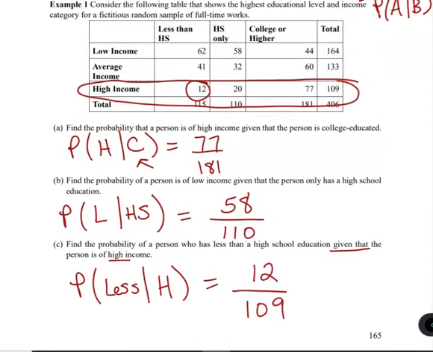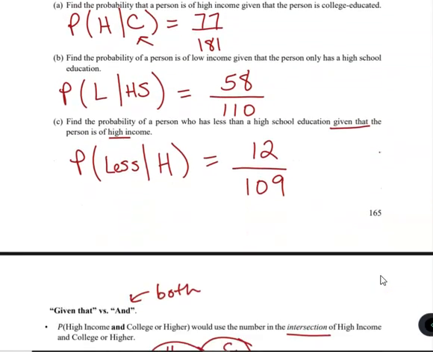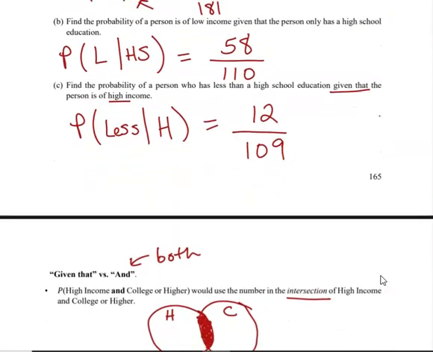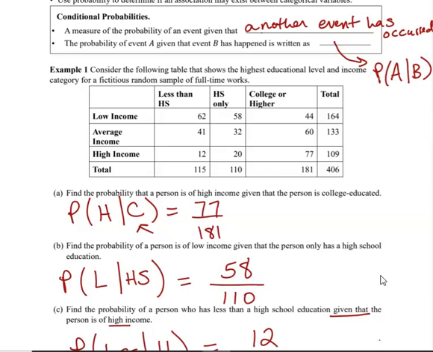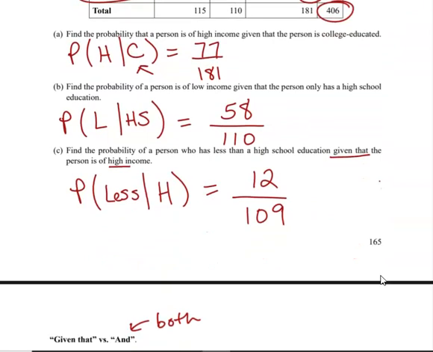Relative to the entire sample, there are 406 people. How many are both categories? What were we looking for? I forgot what the question said. Let me go back. The question said high income and college educated. So high income and college educated, that's this group right here. So that would be 77 out of 406.